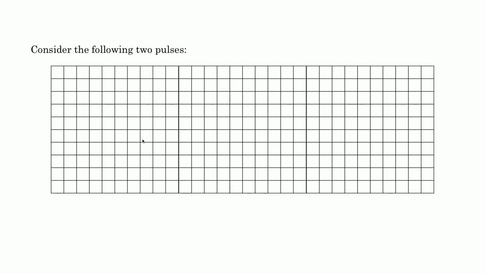And basically what we say is let's say we have 2 pulses. Here's pulse A, and here's pulse B. Okay? And let's say there's one string that's kind of attached this whole distance right here, and pulse A moves down the string this way, and pulse B moves down the string this way.